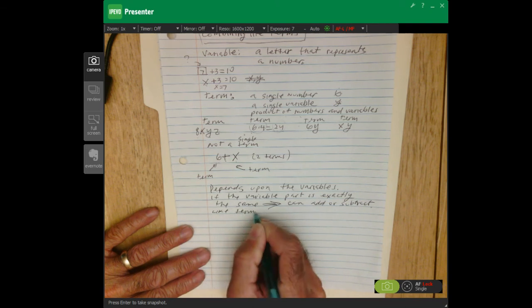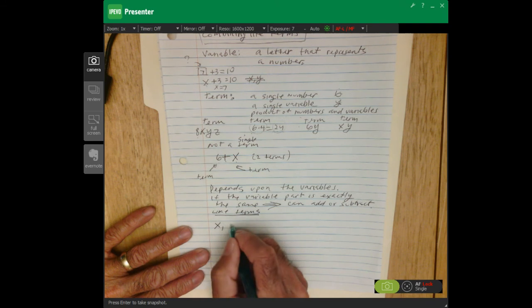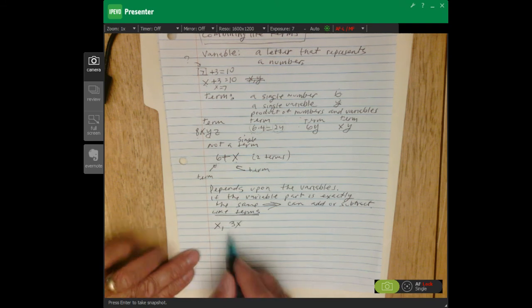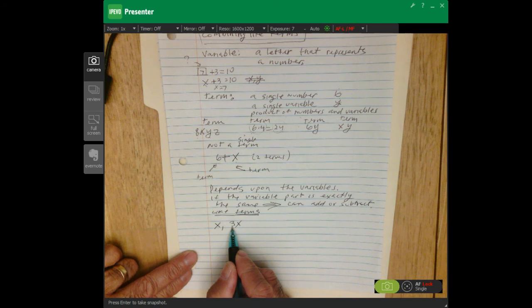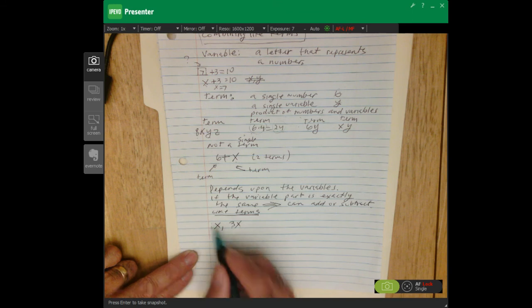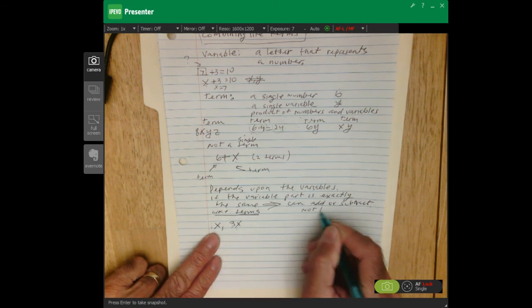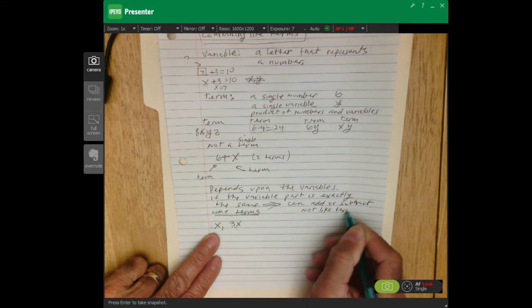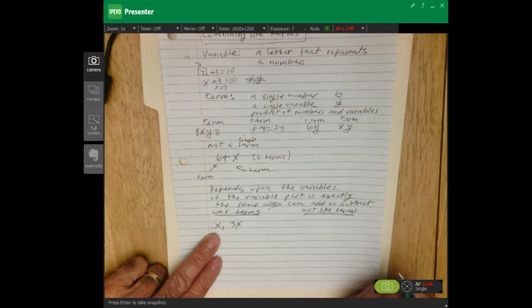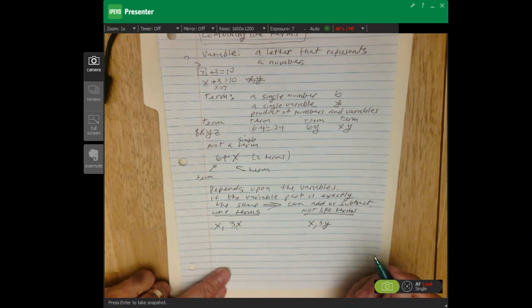So like terms would be x and 3x. Okay, this has a 3 in front of the variable. That's called the coefficient. And this has, well, there's a 1. There's an invisible 1 there. And that's its coefficient. But the variable part is exactly the same. Now, unlike terms would be x and 3y.